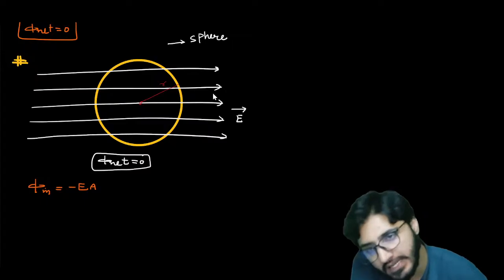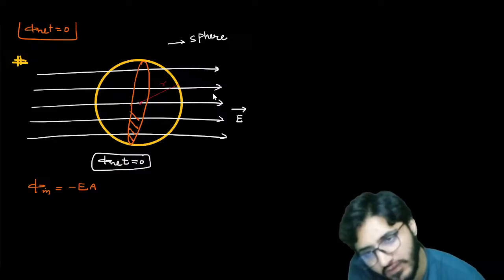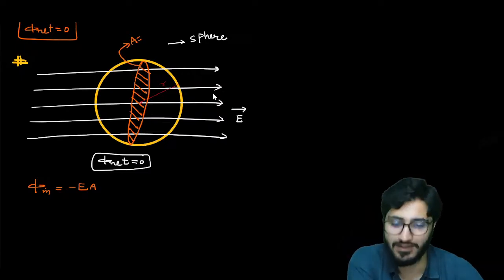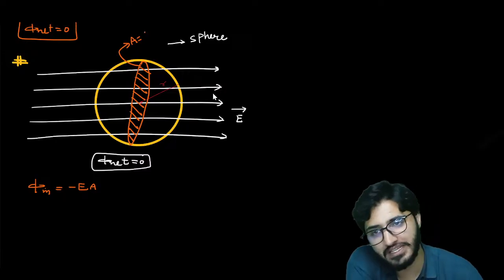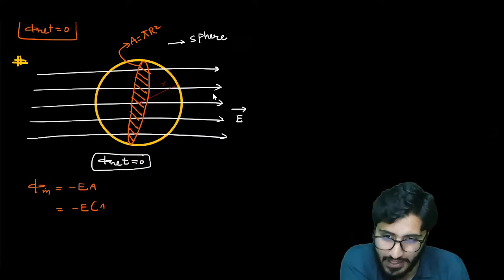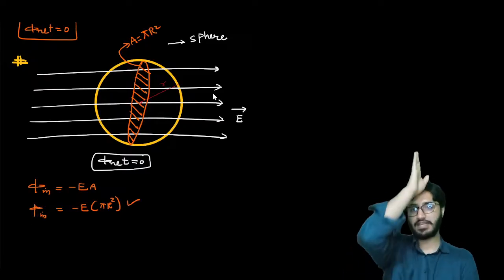Look, area means the maximum area. If we draw a circle here, this is the maximum area of our sphere. So this will be the area, and it is simply pi r square. So I can write this as minus E into pi r square. Fine. So area means the area of projection.